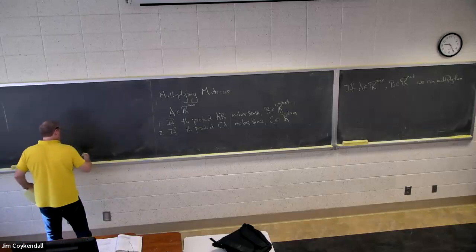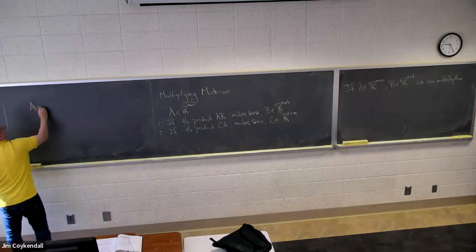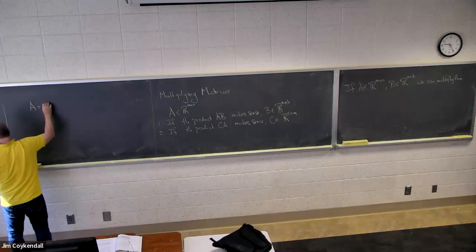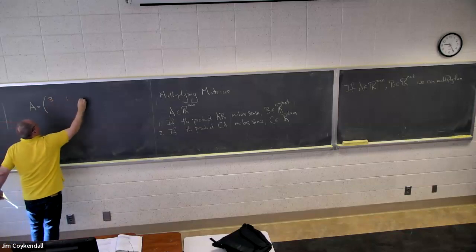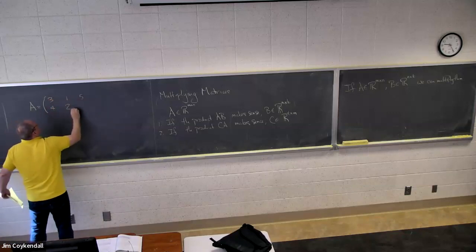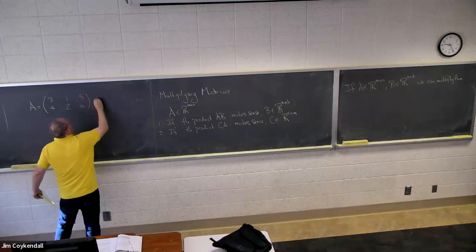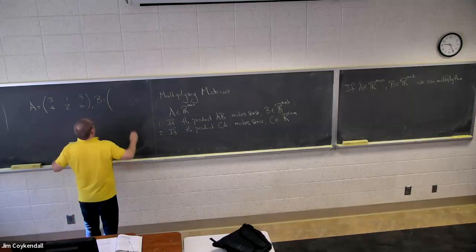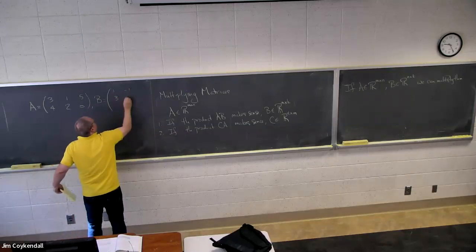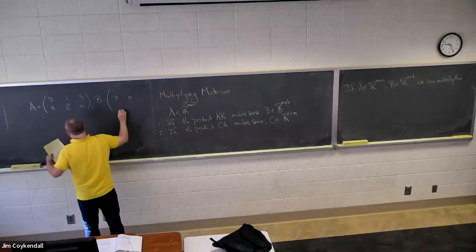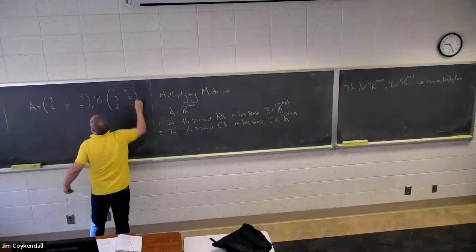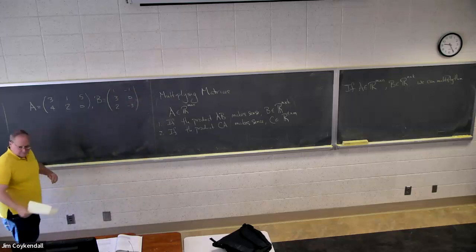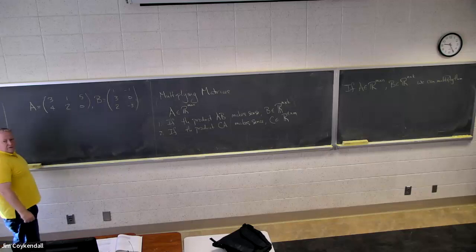Suppose A is this and B is this. Now multiply these in both orders.